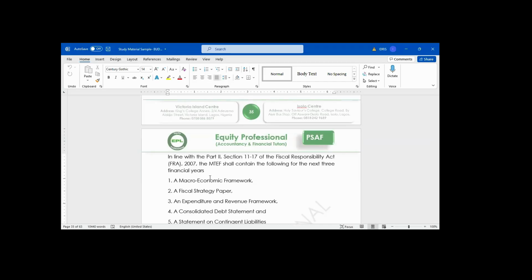Macroeconomic framework: what are the objectives of government? What are the major achievements government wants to achieve in the next 3 years? Are we going to construct the Lagos Coastal Road? Are we going to subsidize medical expenses? Are we going to increase the VAT? They are the macroeconomic framework. Can you hear me?